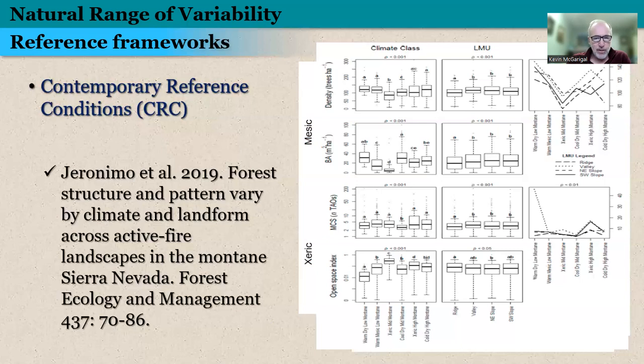They also did the same for basal area, for mean tree clump size, and for an open space index based on the percentage of the area greater than a certain distance from the nearest tree canopy. And so by this means, they were able to generate an NRV for each of these four vegetation attributes across a range of site types.